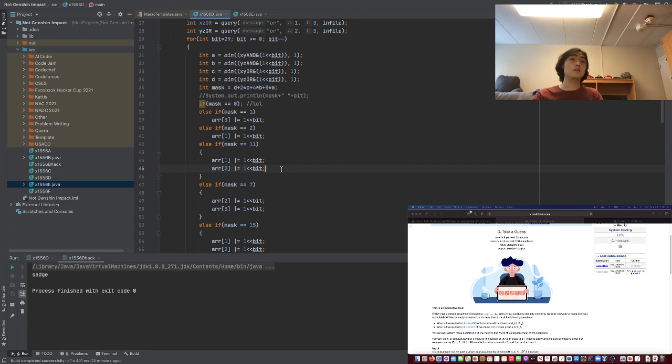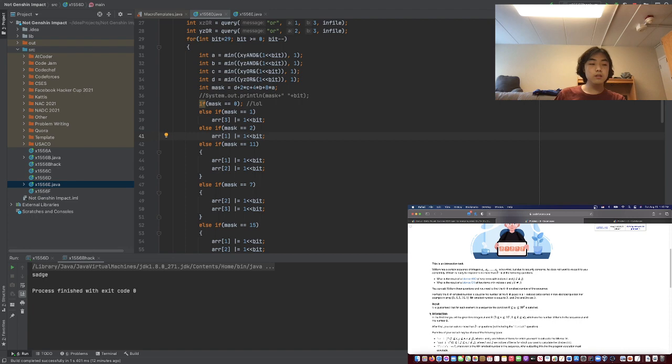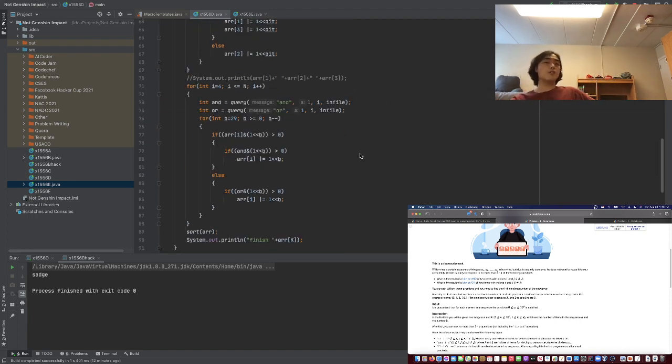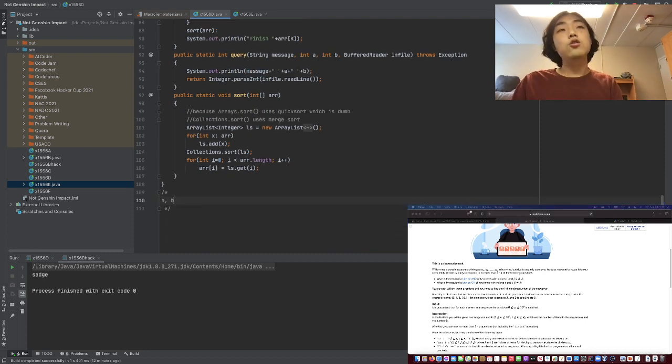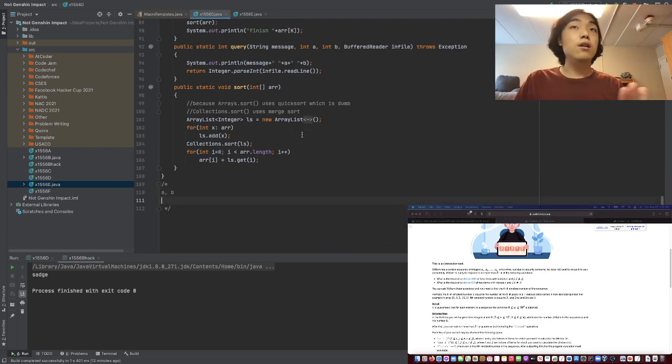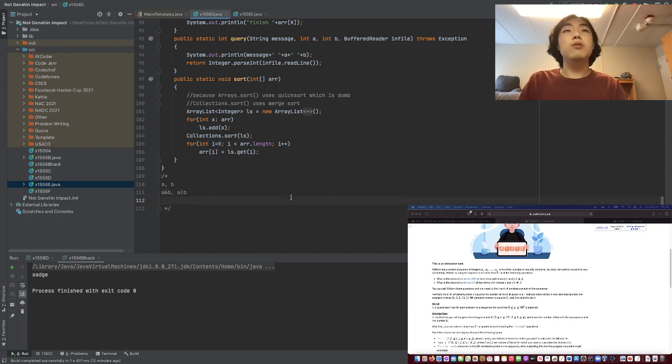So the main observation for D is that it's very easy to determine something. Let's say we have two integers A and B. We don't know what A and B are for now, but we know what A and B is, and we also know what A or B is, bitwise and bitwise or.